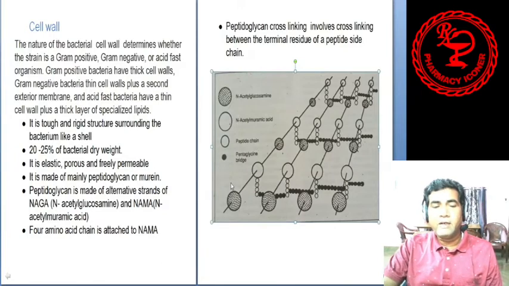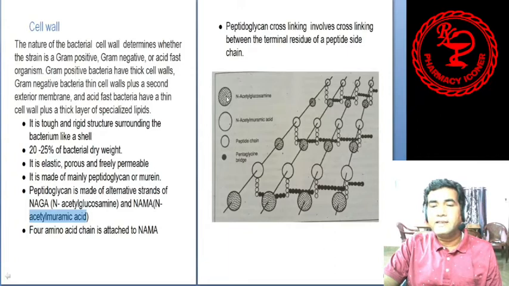And the cell wall is made up of peptidoglycan or murein. So the constituting material of the cell wall is peptidoglycan or murein. Now peptidoglycan is made of two things, NAG and NAM. NAG means N-acetyl glucosamine and NAM means N-acetyl muramic acid.